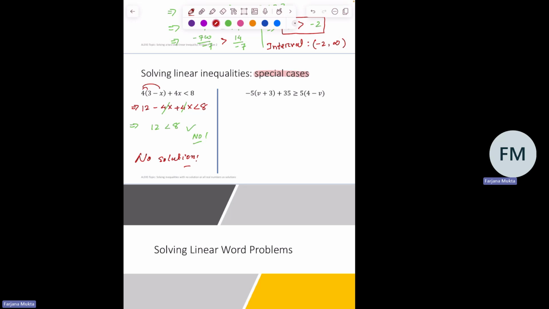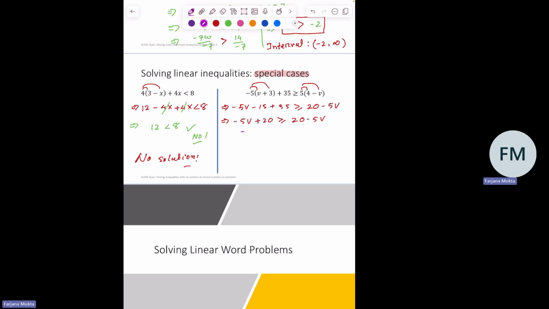Right? The second one, let's start with the distribution. Negative 5v, negative 15 plus 35 greater than or equal 20 subtract 5v. So we have negative 5v plus 20 greater than or equal to 20 subtract 5v.